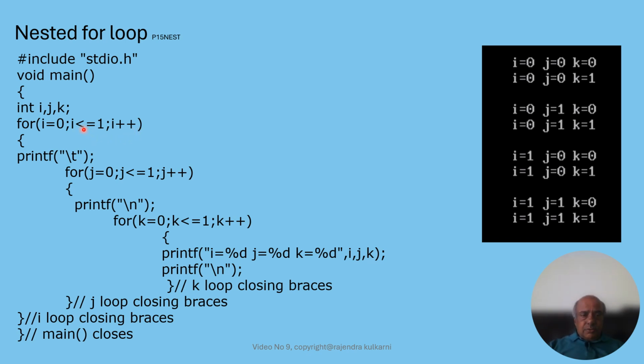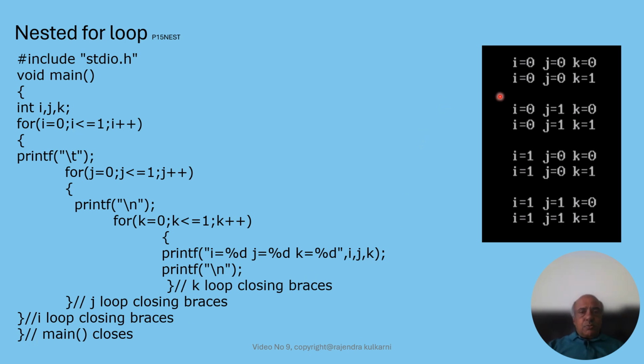Since i less than or equal to 1 is true, all the loops will again get iterated, and when i becomes more than 1, the i loop closes and the program comes out of the i loop. Then there is simply a closing brace of main.